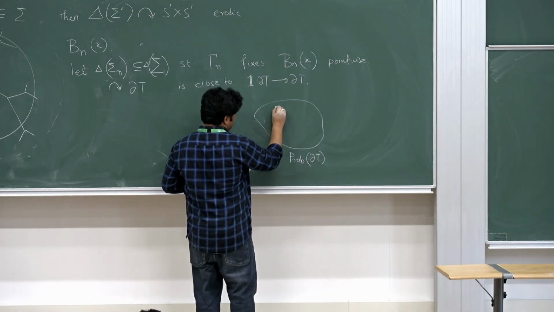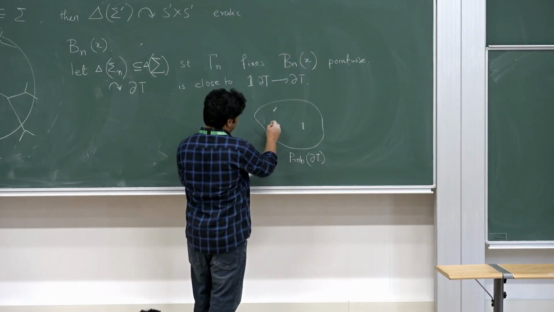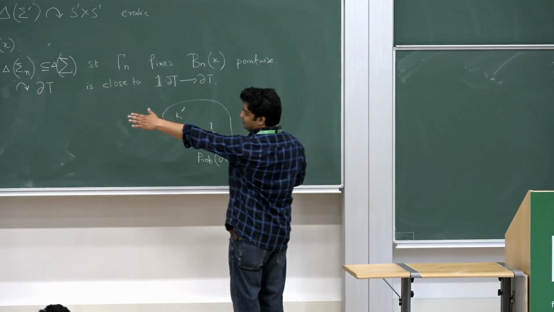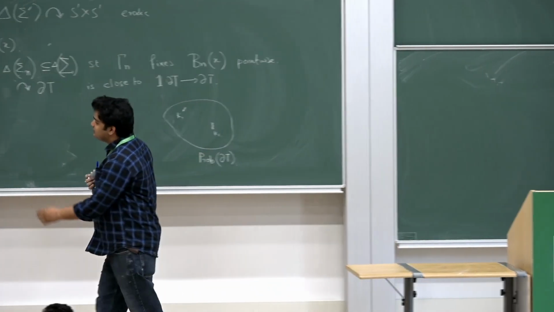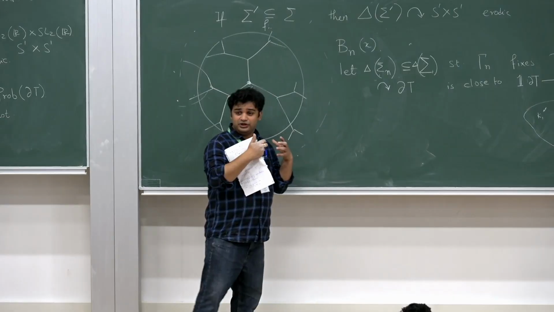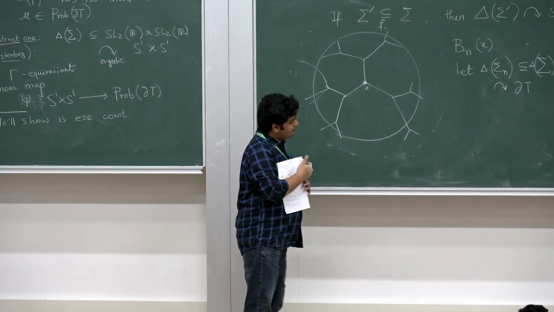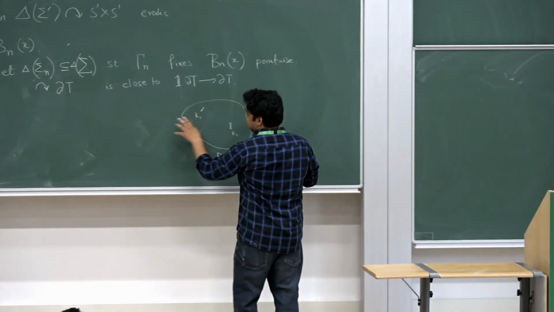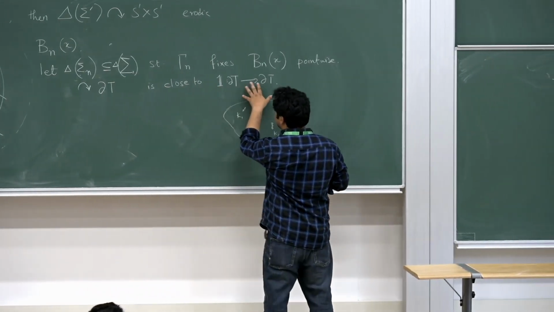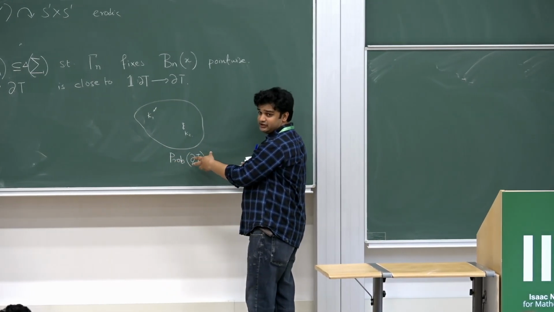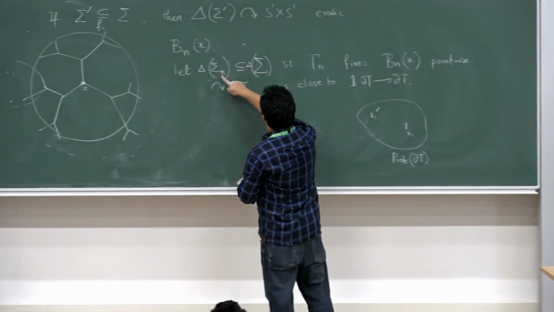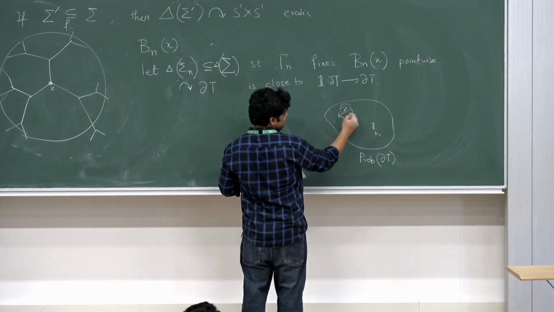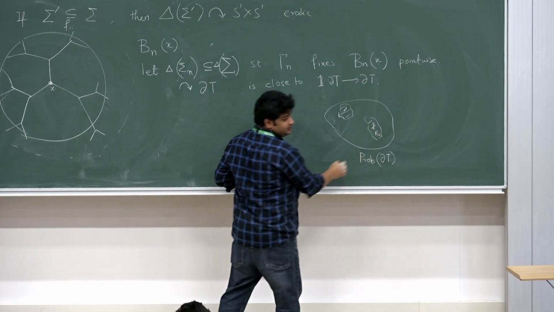You can find some compact sets which are disjoint, such that the pre-image of this in S1 times S1 will not be null. But when we look at the action of this group, since this is almost the identity map on the boundary, it is also almost the identity map on the probability measures, right? So if we look at the sigma n orbit of these sets for very, very large n, this will not go too far away from this set, and this orbit will also not go too far away from this set.